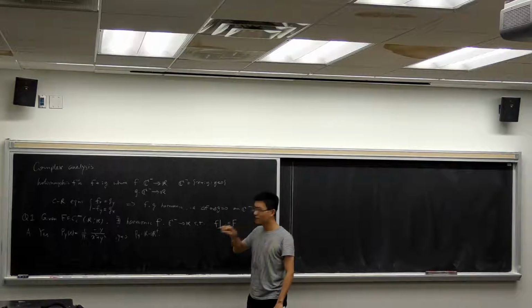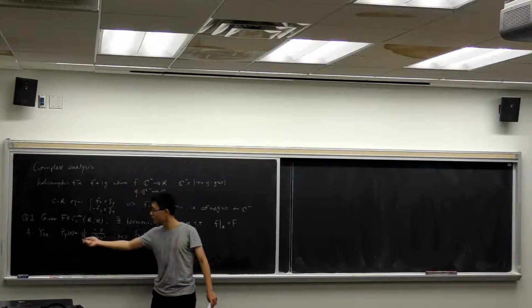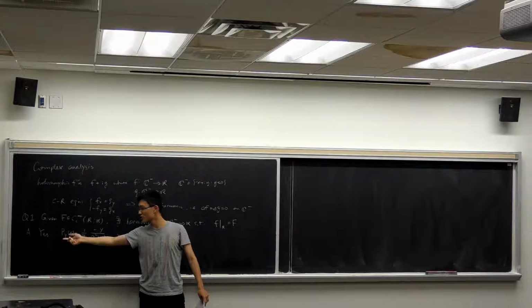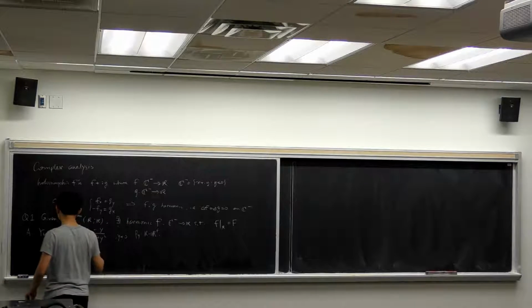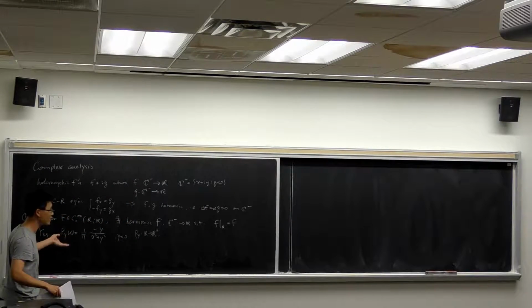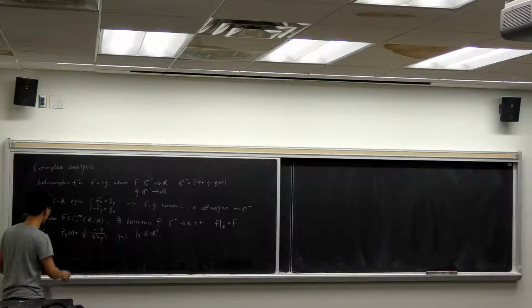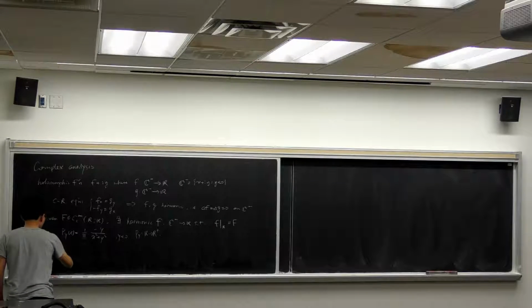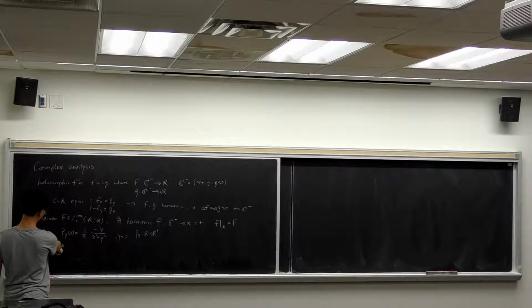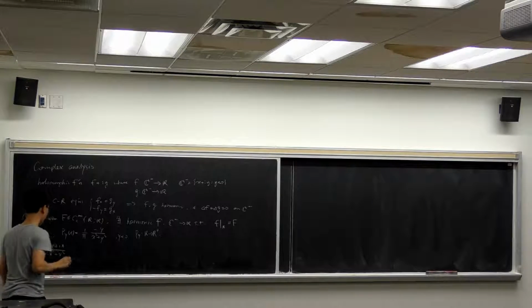Then, first of all, I want to claim that for each y, this function p sub y is harmonic. One could certainly differentiate it twice, sum the results and check the sum. But there's a one-line proof: you consider the function y plus ix over x squared plus y squared.